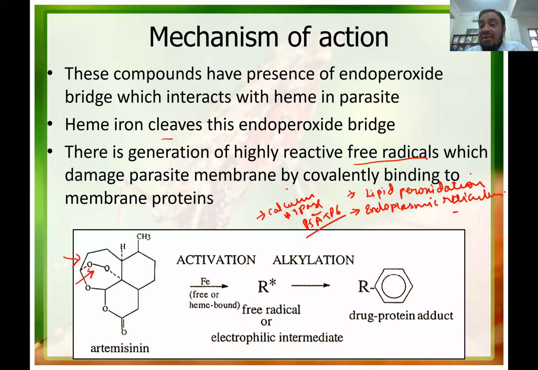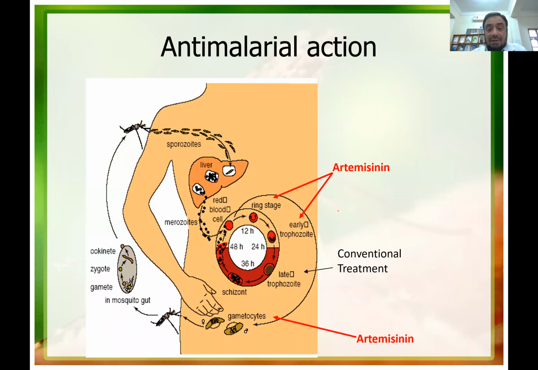Because they are the fastest acting drugs. They improve the symptoms within 24 to 48 hours, cause rapid clearance of the parasite from the body, and resistance to these drugs has not been seen yet, or even if it is seen, it is very negligible. So that is why these drugs are very important.